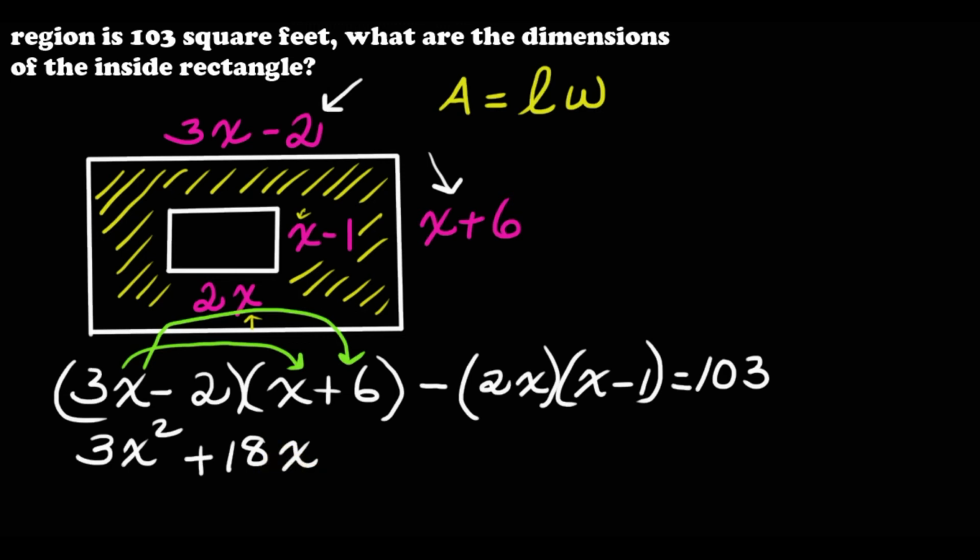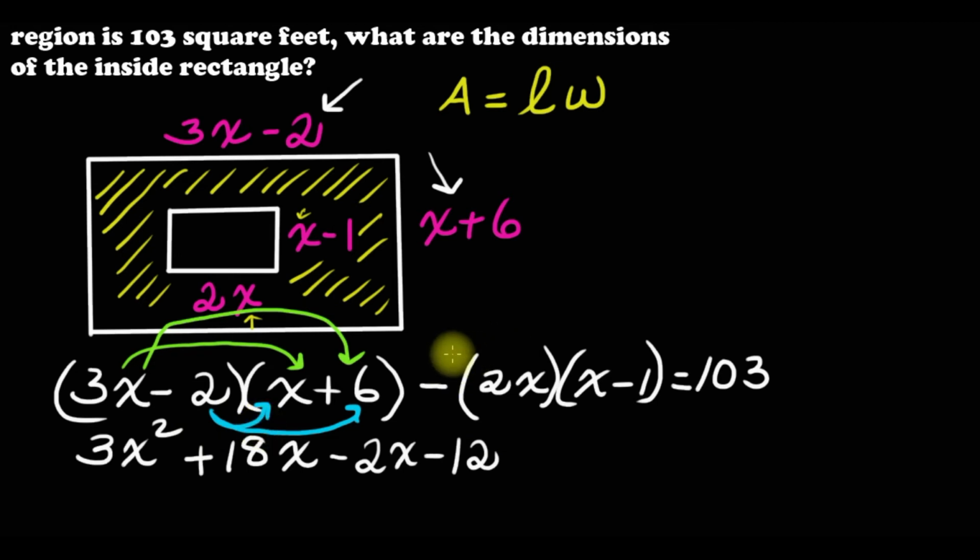Then we have to distribute the negative 2. What do we get when we distribute the negative 2? We get negative 2x, and then minus 12. So that's how you get rid of that parenthesis.